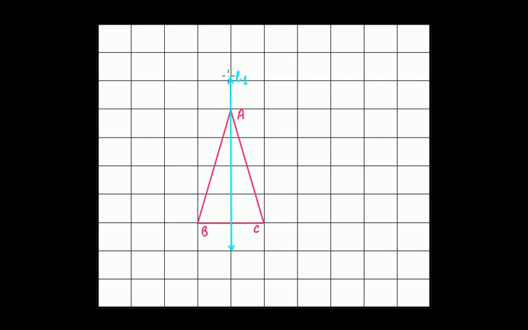That is, if you try to place a mirror on this mirror line, or the line of symmetry, or the axis of symmetry, and look at this section in the mirror, then the image that will be formed will be exactly similar to this section. That is, it will appear that this left section is the mirror image of the right section, and the right section will appear as the mirror image of the left section.